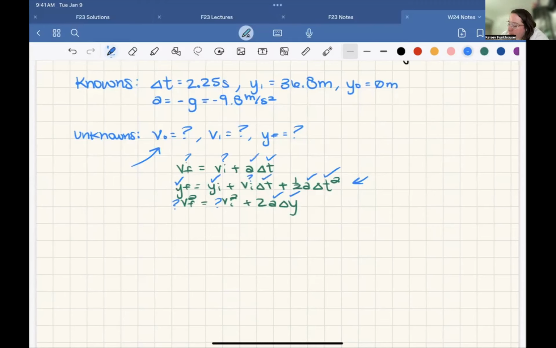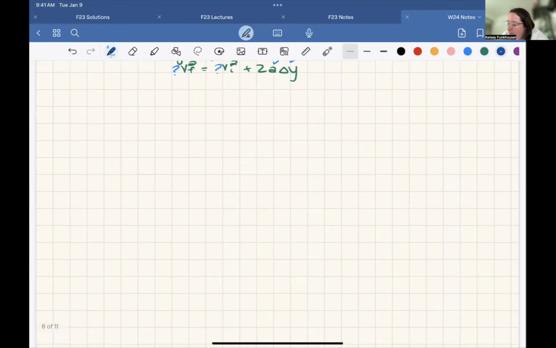So we're going to use the long kinematics equation, but before I get into it, I should draw the situation a little bit so that we are able to think about the different parts of the situation. So we have our ball thrown up from the ground. So this is y naught equals 0, and v naught we don't know.